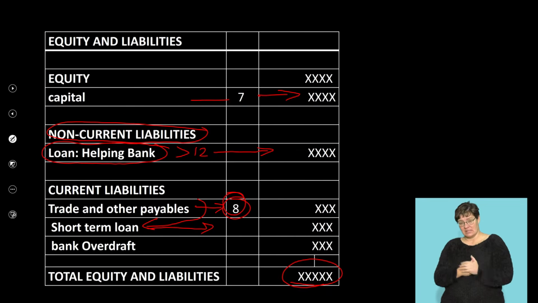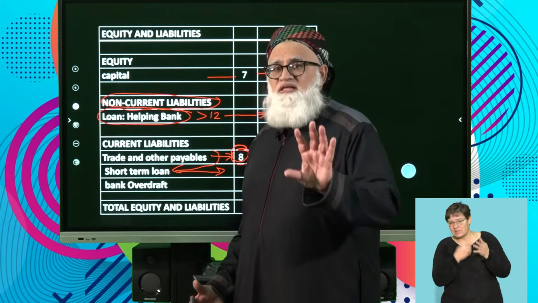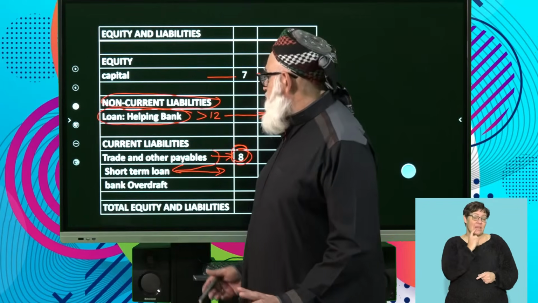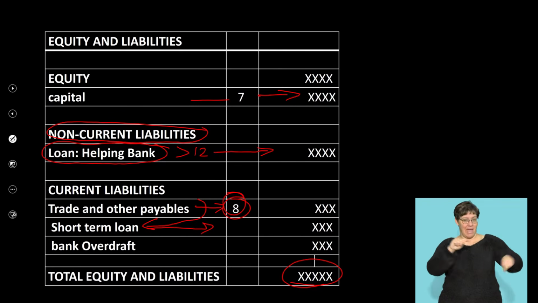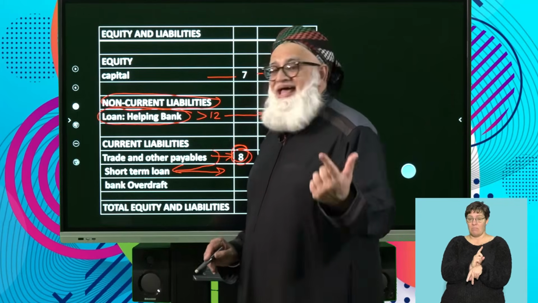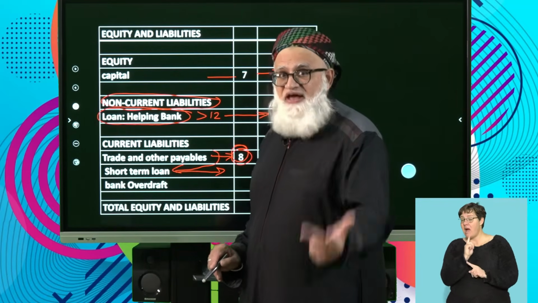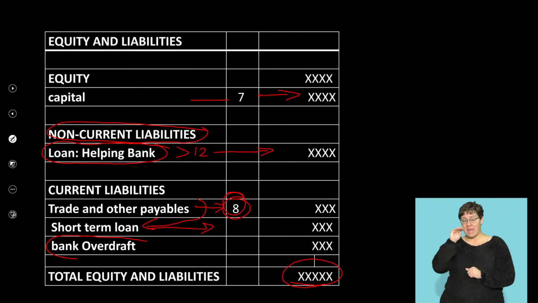So depending on the question and what the requirements of it are, the easiest way to remember it is to tell yourself I have trade and other payables, one item, I have my short-term loan or the current portion of my loan, and very, very important is my bank overdraft.